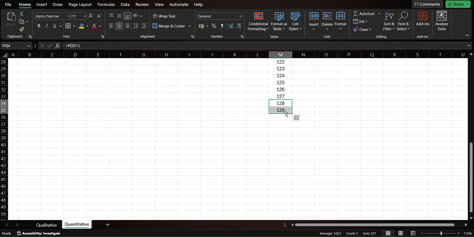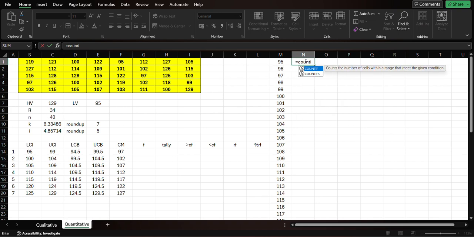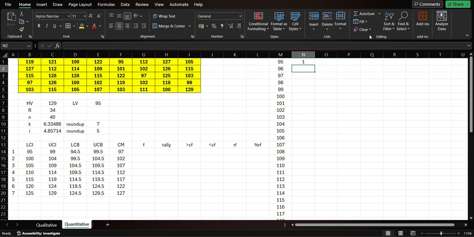So what did I do? I've listed on column M all the numbers that would be possible for my data, because my data's lowest value is 95 and the highest is 129. So this 95 to 129 are the possible values of my data. On column N, again, as I have said, we are going to do what we've done in the qualitative. So we're going to count how many 95s are there in your range with the criteria of M1.